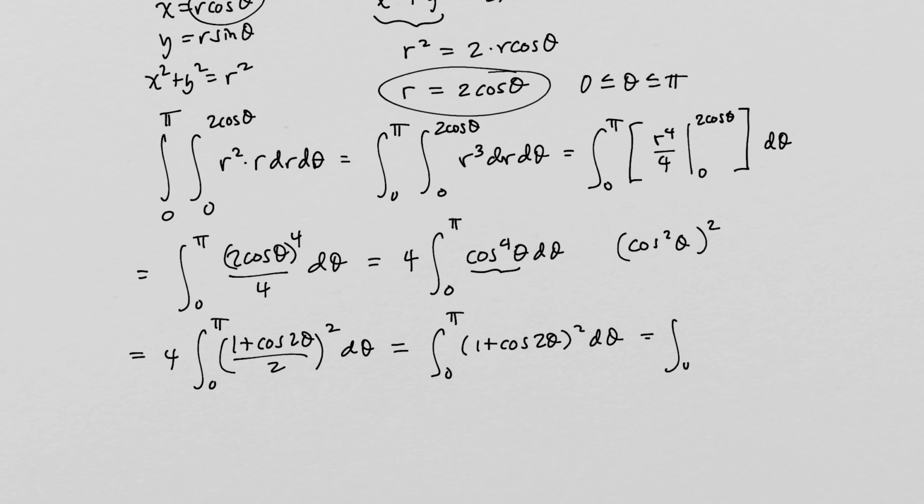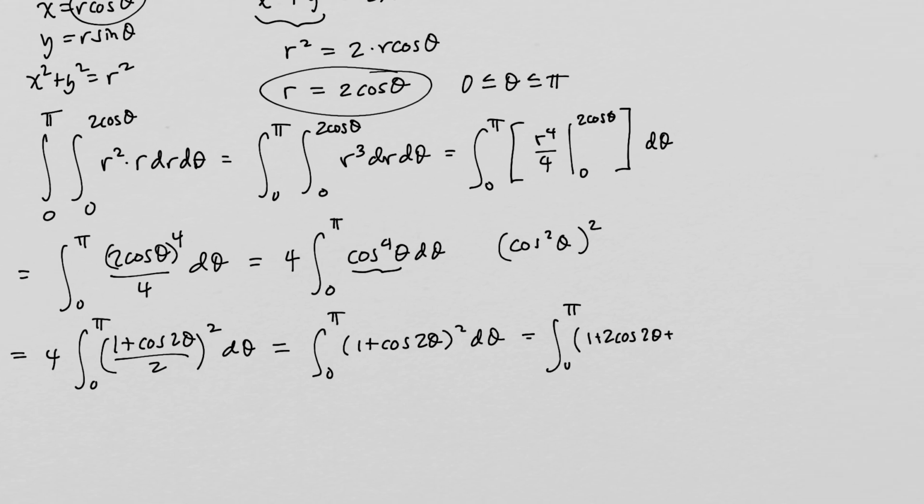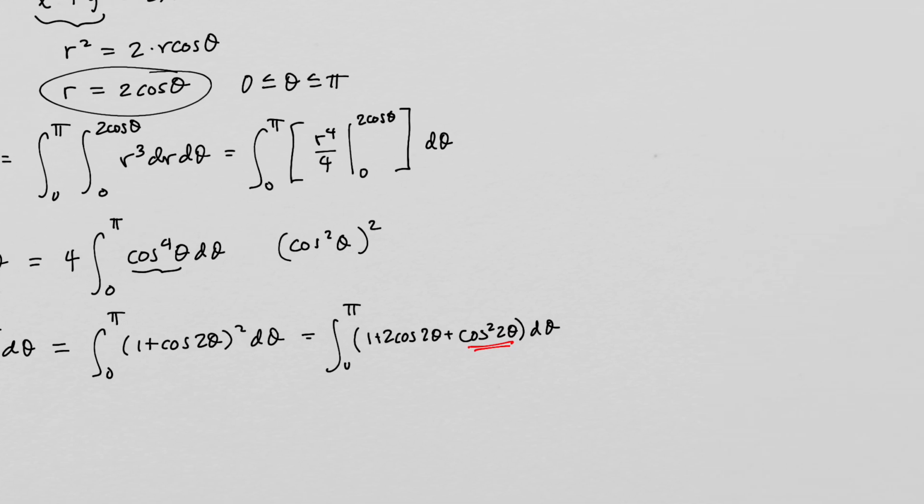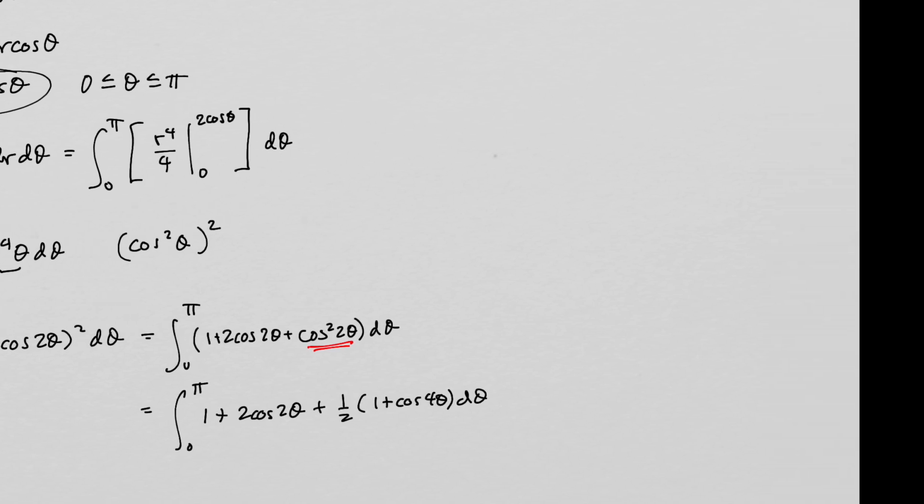We need to multiply this out. And then we have to apply the half angle identity one more time. So this becomes the integral from 0 to pi, 1 plus 2 cosine 2 theta, plus 1/2 times 1 plus the cosine of 4 theta d theta.